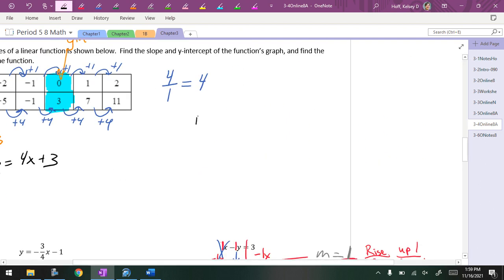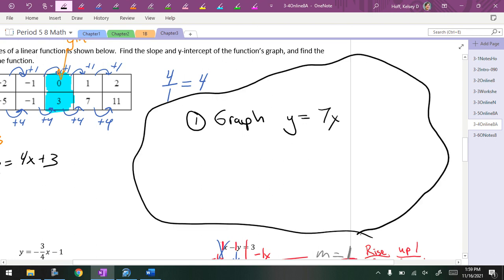Okay. What if I asked you to graph y equals 7x? I would write this down if I were you. We just got done graphing. I changed the equation a little bit. y equals 7x. What things do I need to graph?